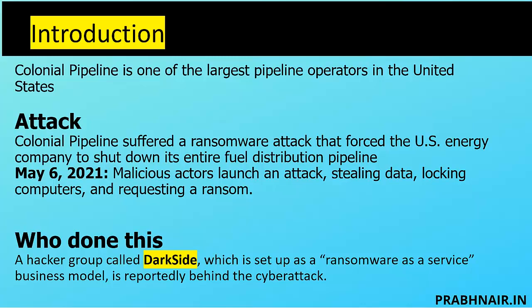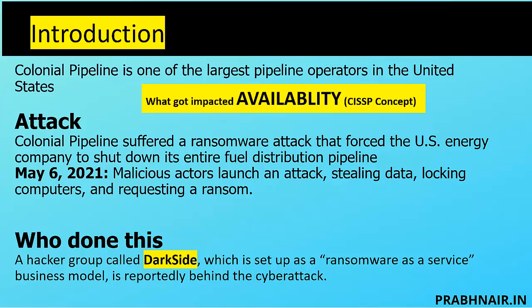But in this entire attack, availability was the primary thing that got impacted. So any question in the exam talking about ICS, the primary objective in an ICS attack is to make the ICS unavailable to the authorized user. You have seen several movies, and in the past, whatever power plants got hacked, got attacked, became unavailable to the authorized users themselves.